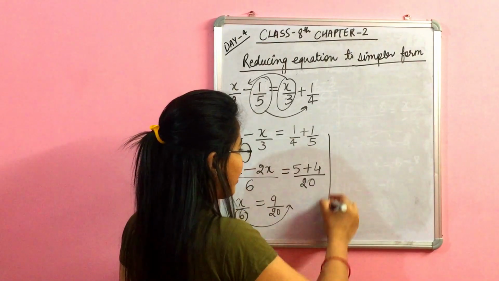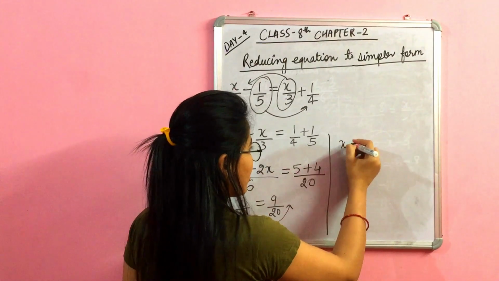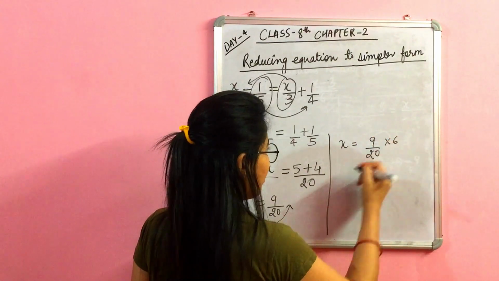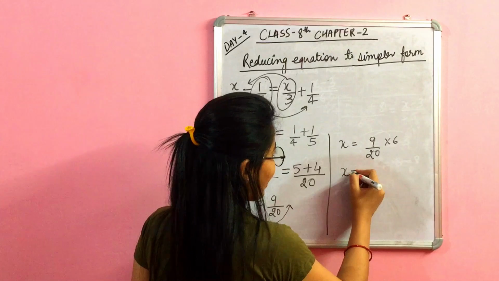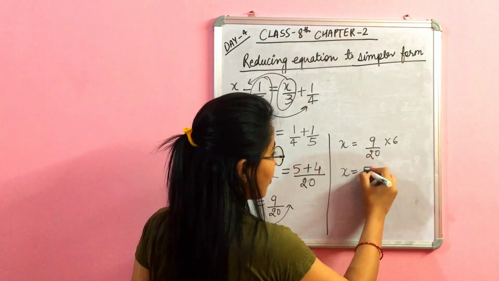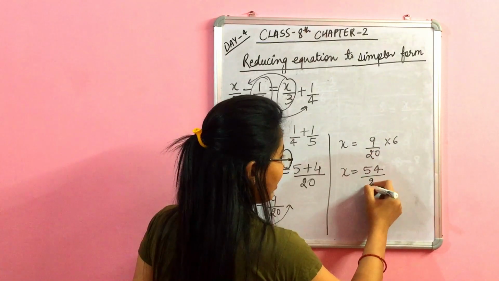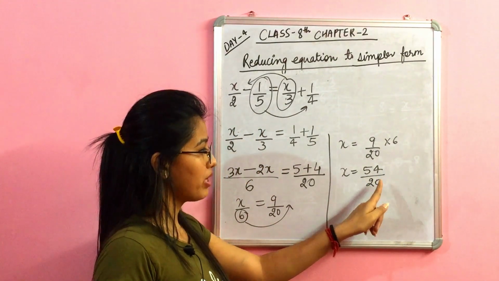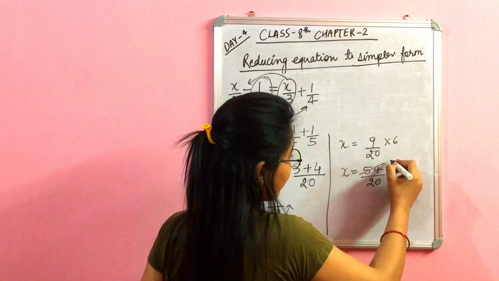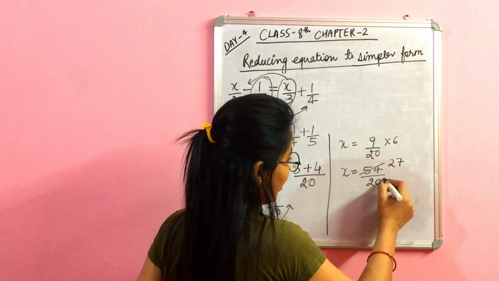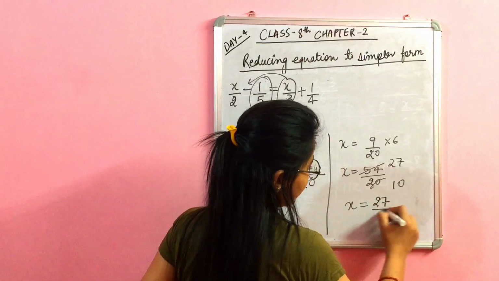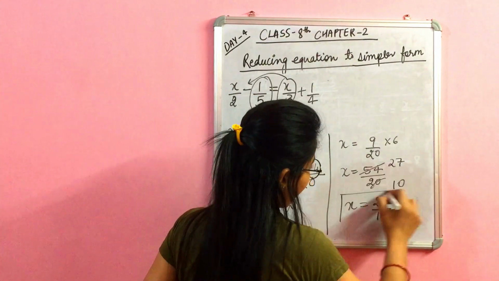So I can rewrite this equation as x is equal to 9 upon 20 multiplied with 6. So x is equal to 9 6s are 54 divided by 20, right? We can divide the numerator and denominator by 2. The numerator will come 27 and this will be 10. So the value of x will be 27 divided by 10.